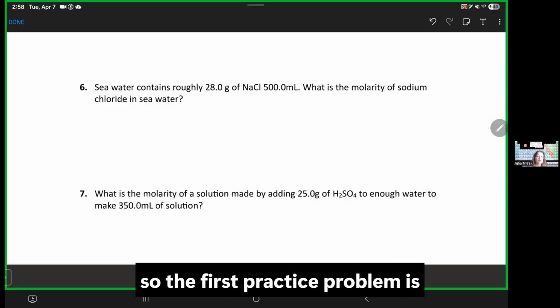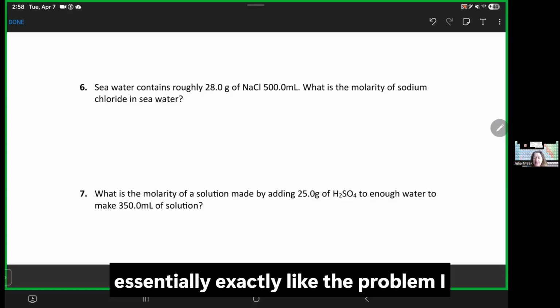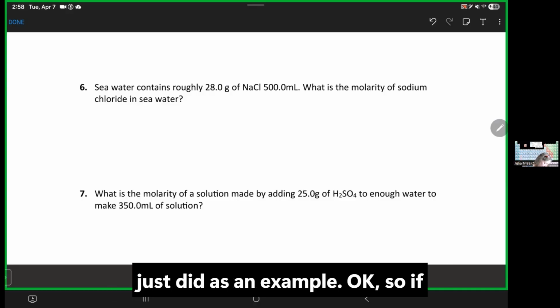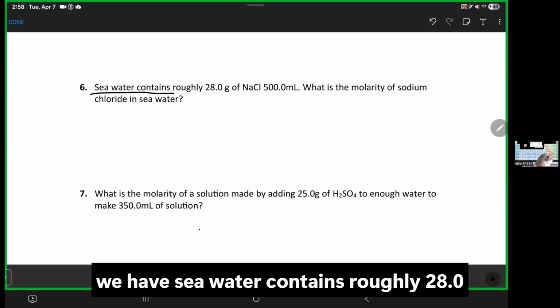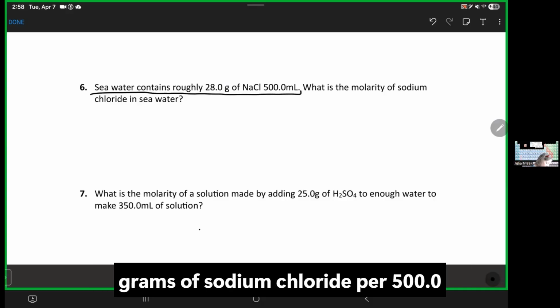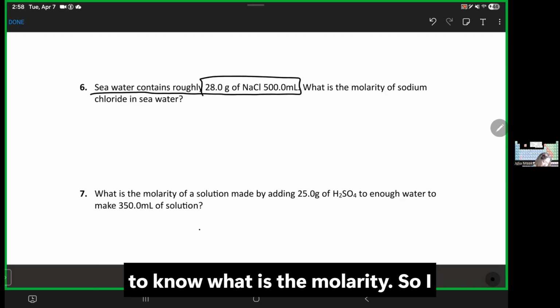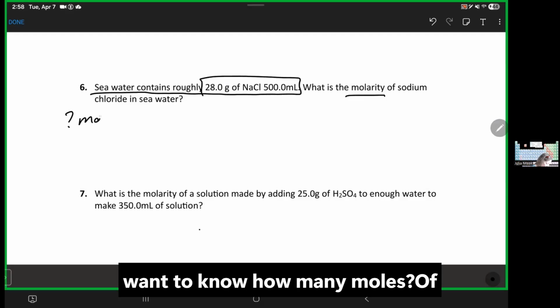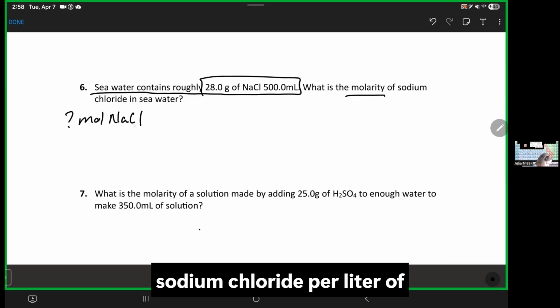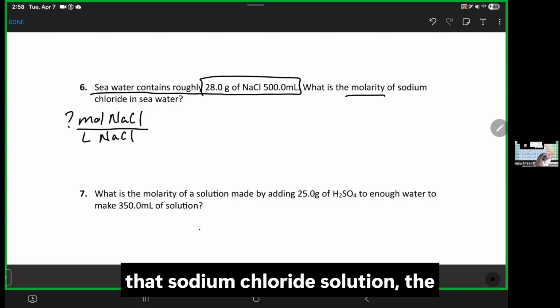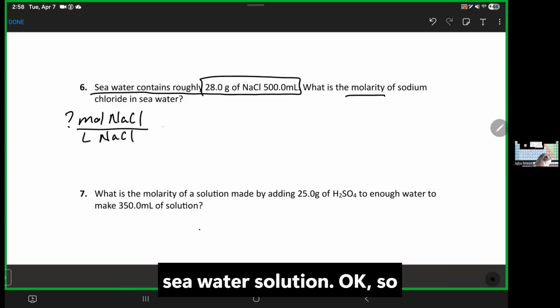Okay, so the first practice problem is essentially exactly like the problem I just did as an example. City water contains roughly 28 grams of sodium chloride per 500 milliliters of the seawater. We want to know what is the molarity. So I want to know how many moles of sodium chloride per liter of that sodium chloride solution, the seawater solution.